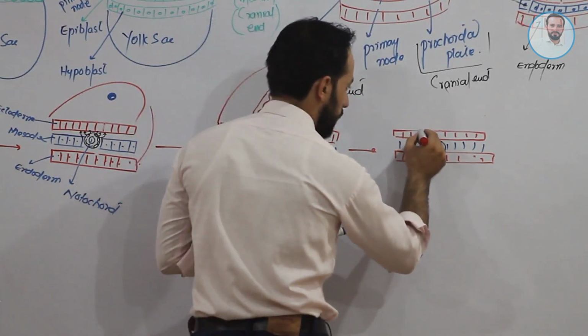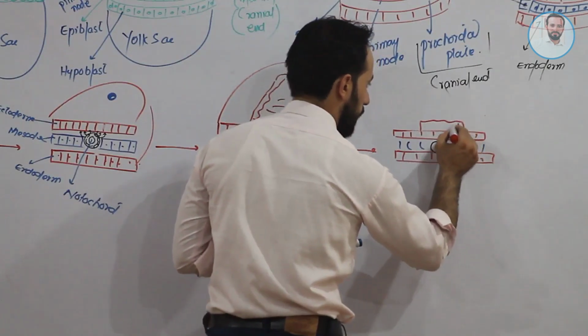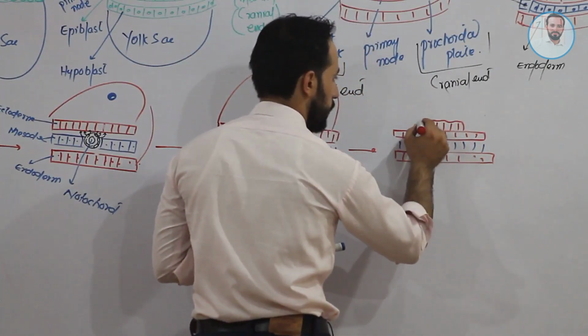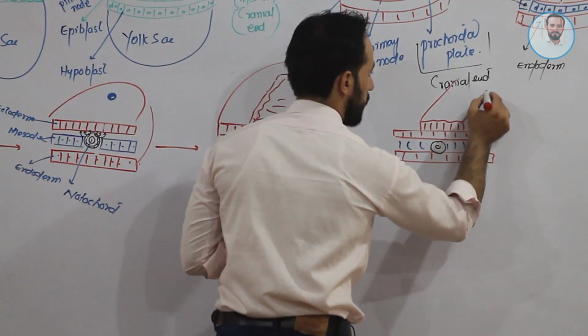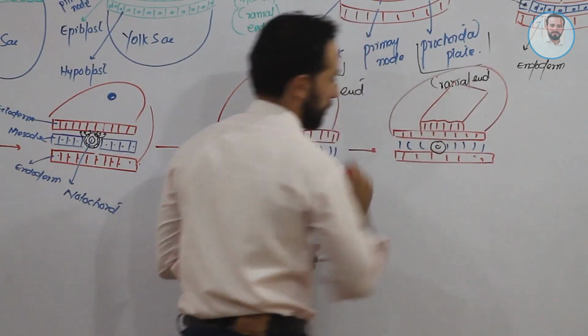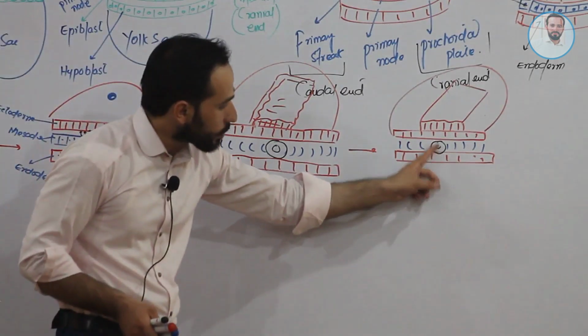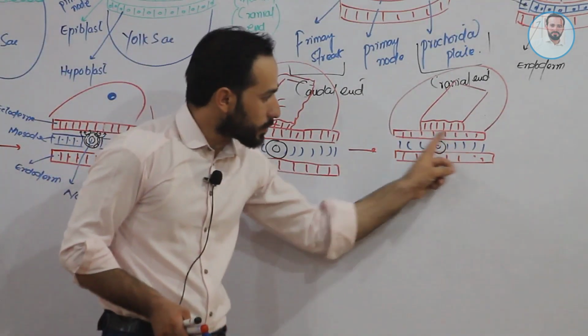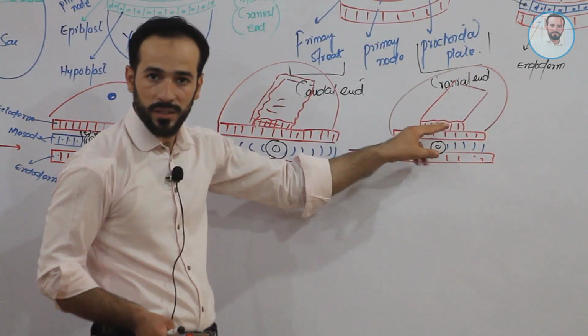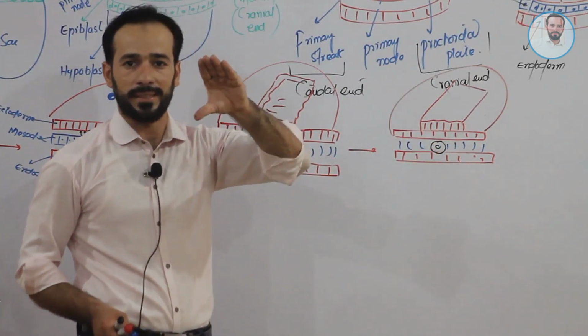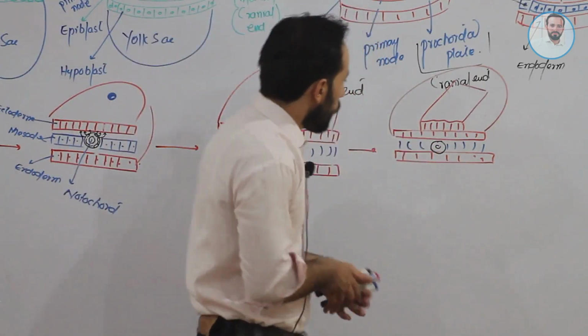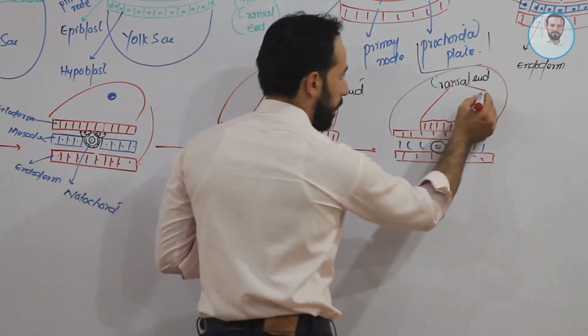And in the center the cells have undergone a little multiplication, and this layer has become a little thicker, like this, right? Above the notochord, the ectodermal cells have started multiplication and they have become a little thicker. Clear, friends? Okay.